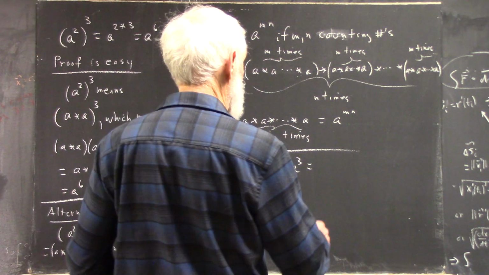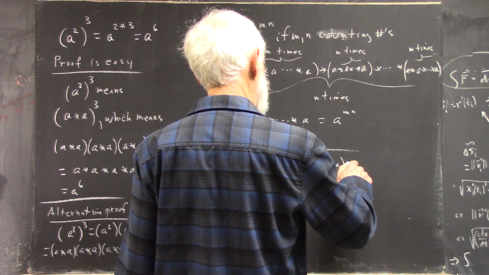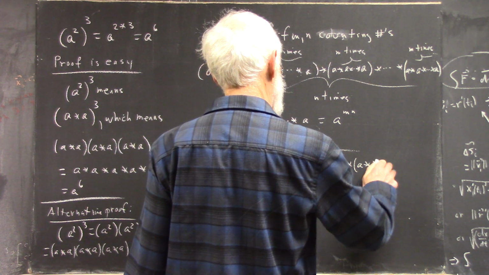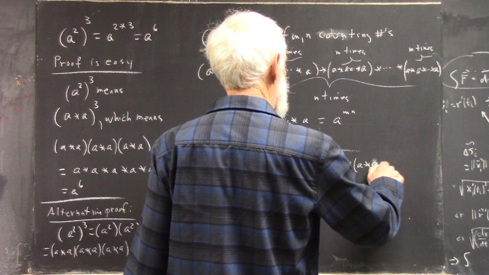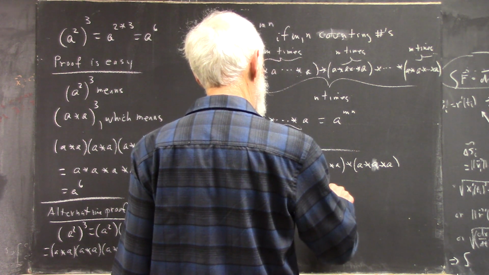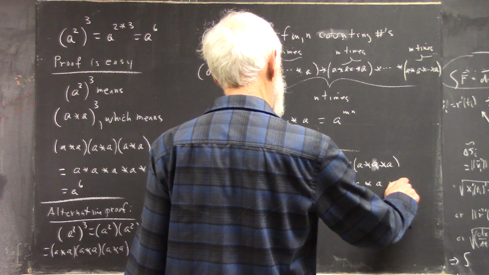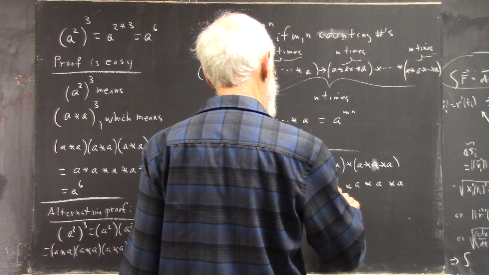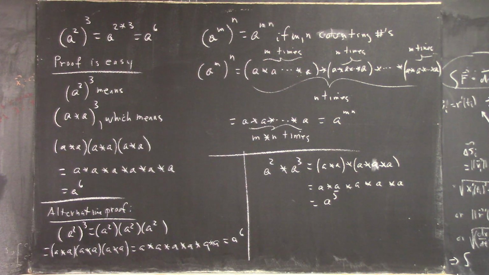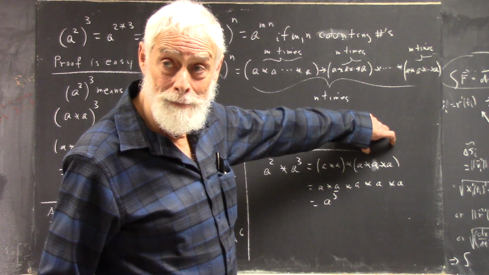Well, you know that's going to be a to the 5th, but that equals a times a multiplied by a times a times a, which is a to the fifth. Now it's clear why you add them. You got this many of them times this many of them.